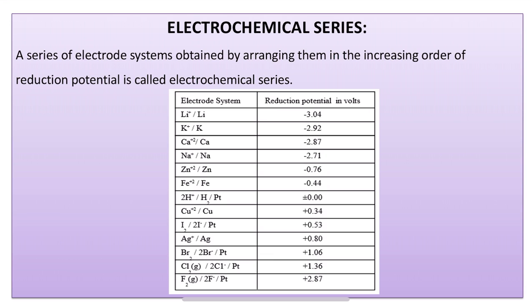E.M.F is given by the relation: E cell, that means E.M.F of a cell, equals the reduction potential of the right hand side electrode minus the reduction potential of the left hand side electrode. And further we deduced the Nernst equation for the E.M.F of a cell.